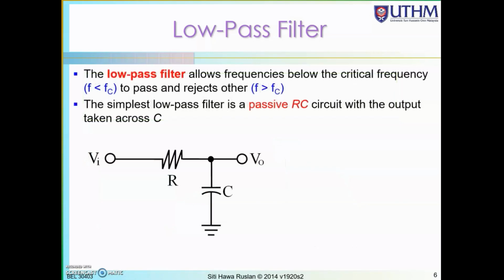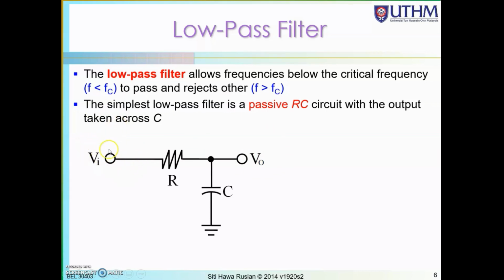Now we look first into the passive filter. Shown here is just a resistor R and a capacitor C, and this is a low pass filter circuit. Any signal lower than the cutoff frequency can appear at the output. If the frequency is less than the cutoff frequency, it will appear at the output.